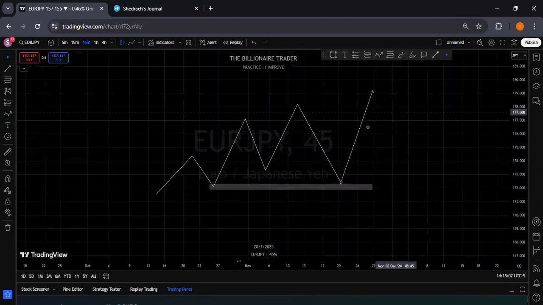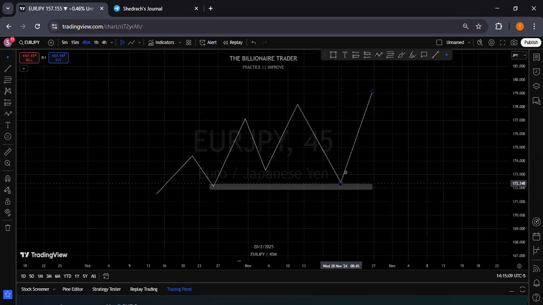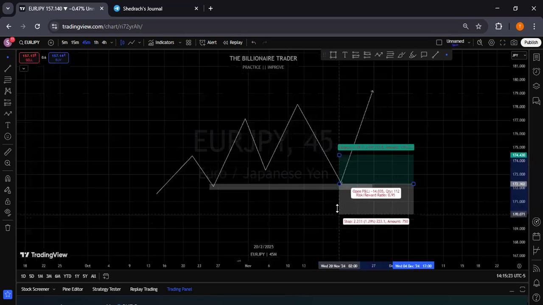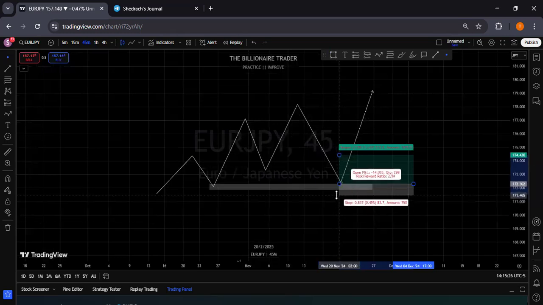Do you get what I mean? You expect the market to buy up from this area to at least clear this high and break structure again. How do you take your position? You take your long position like this. Put your SL below this previous low or relative low.